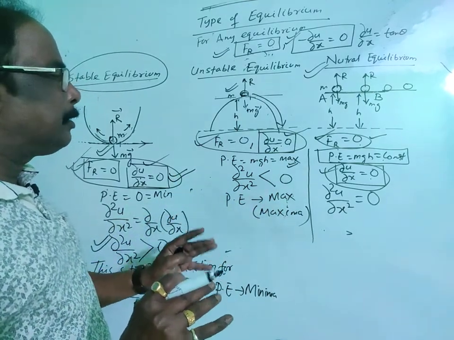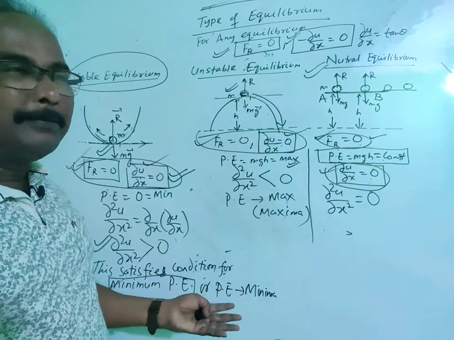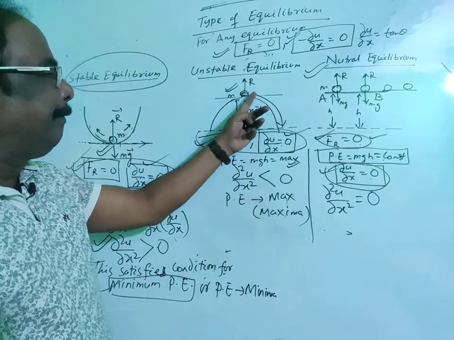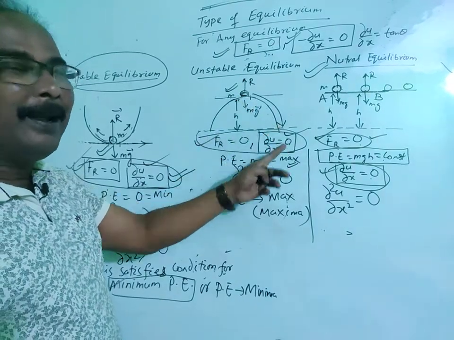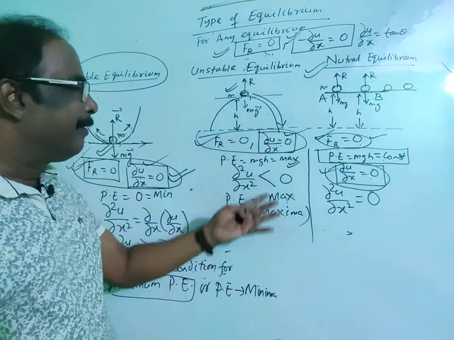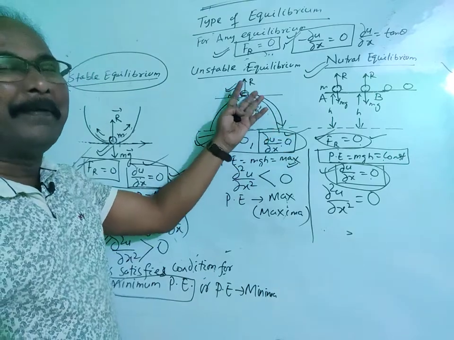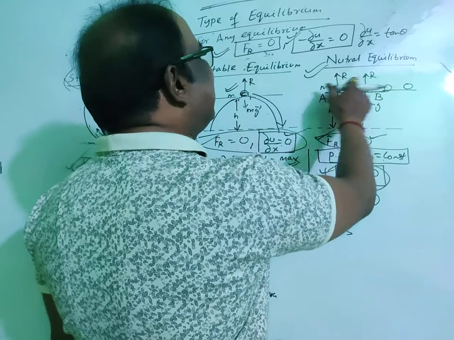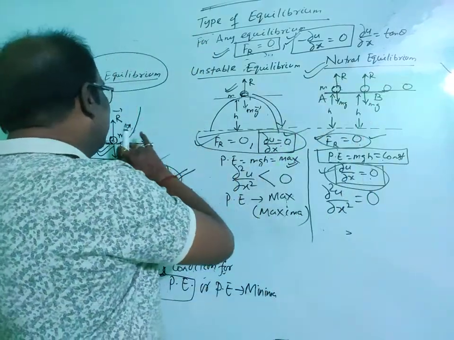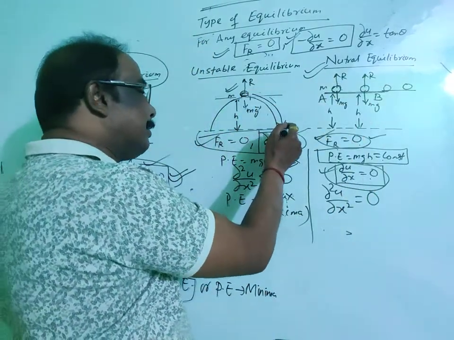Maximum potential energy means it is unstable. When it tilts a little, it will leave its position and can never return back to its original position. And here, potential energy is constant, but in all these other cases potential energy changes.